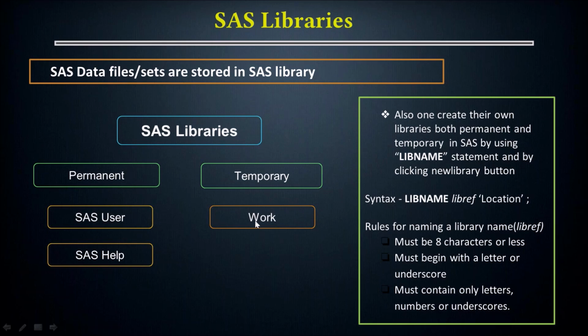If you have many folders, you cannot identify what that library is and what data is present in it, right? So for every library we should give some name, like SAS User, SAS Help and Work. The same way, you can give your own name and link that library to a location on your system. So just give one file location where you want to link.